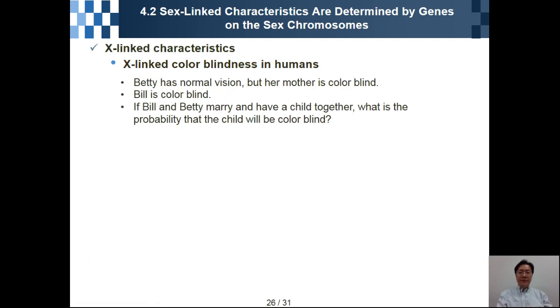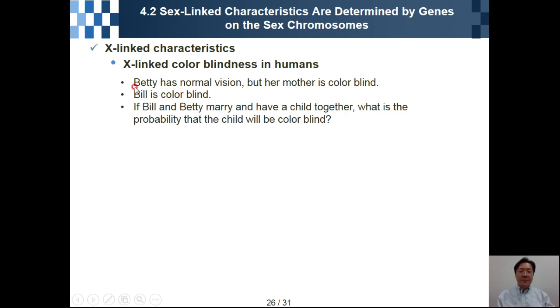Okay. Next, this is one question. Betty has normal vision, but her mother is colorblind. Bill is colorblind. If Bill and Betty marry and have a child together, what is the probability that the child will be colorblind?